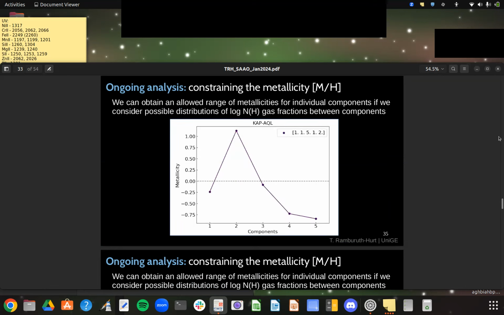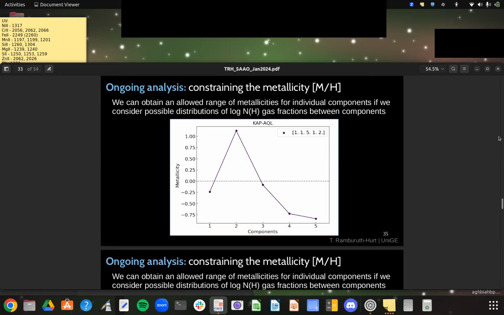Yeah, so we can't calculate the metallicity of individual components because of the saturation of the absorption line for hydrogen. But we know the total hydrogen along the line of sight, the column density. So we can make assumptions on how much of the gas is in each component. And so then these percentages are just your assumptions. Their assumptions, yeah.